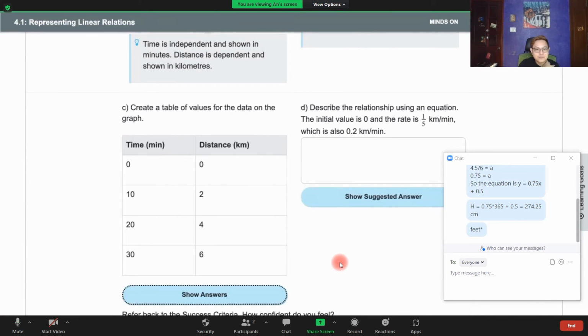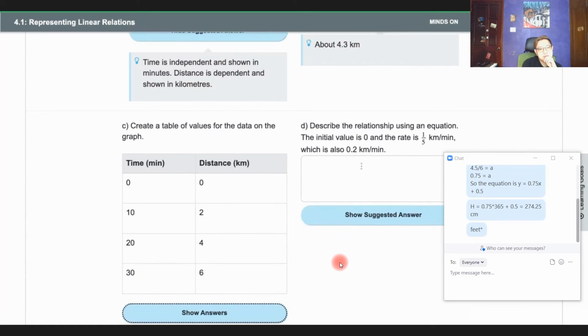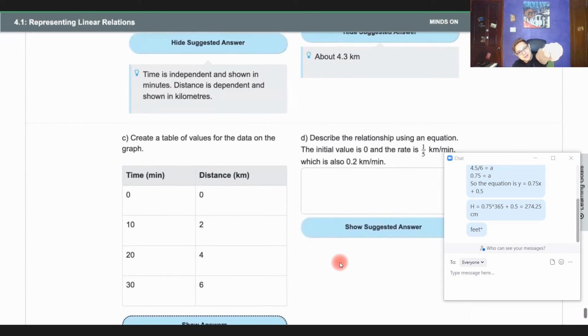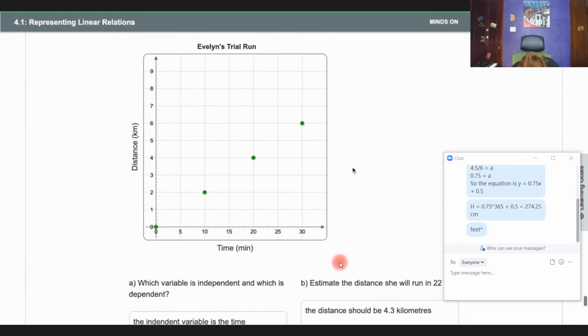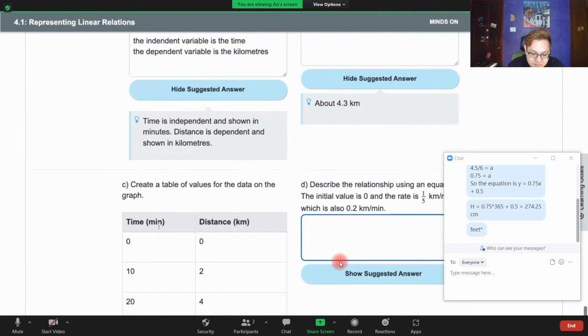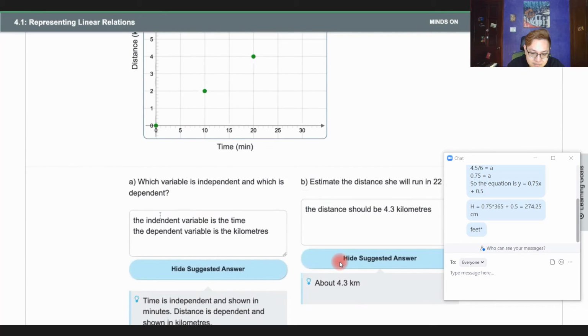Alright, let's get back. A table of values for the data on the graph. It seems to follow a linear relationship. Okay, you have to find that equation. 0.2 kilometer per minute.